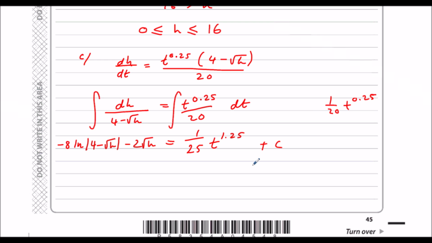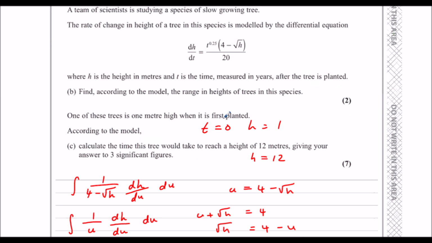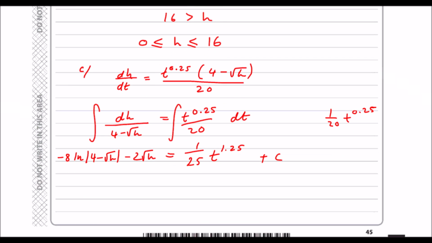So we can use our information given, t is 0 when h is 1, to find c. So substitute in h is 1 and t is 0 and find c.